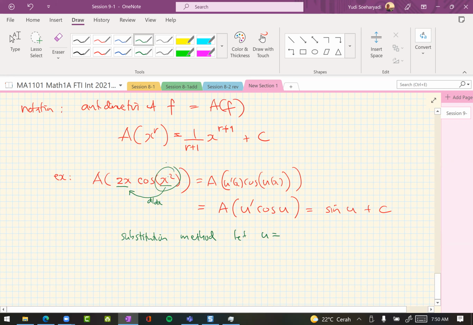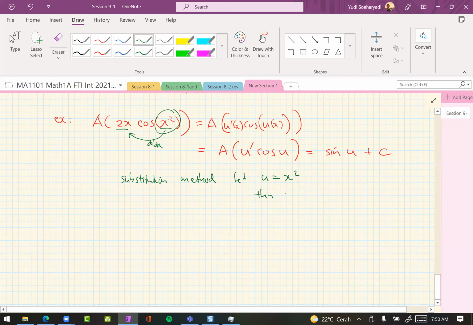U equals this one here, and u prime is this. So 2x cosine x squared becomes u prime cosine u, and the antiderivative of this is just sine u. And this is nothing but sine x squared.